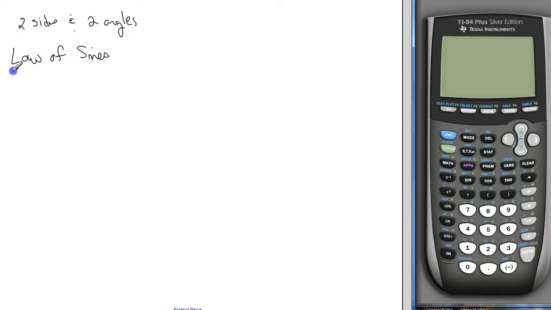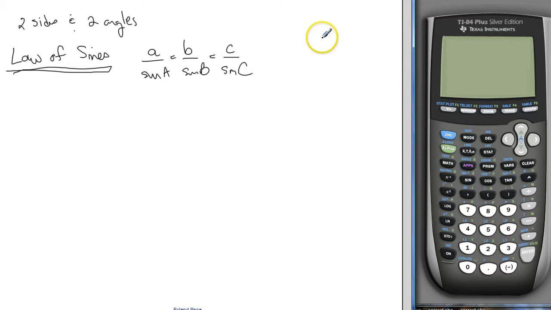This is today's lesson. This formula is on the formula sheet, and the formula is a over sine A equals b over sine B equals c over sine C. That's the formula. It's on your formula sheet, right-hand side.